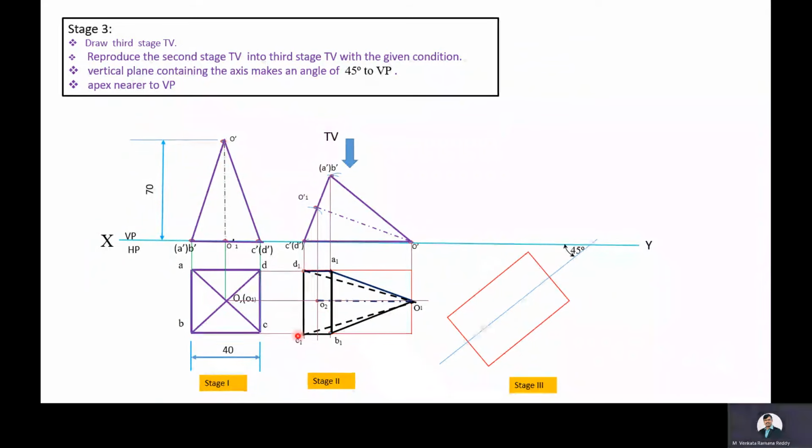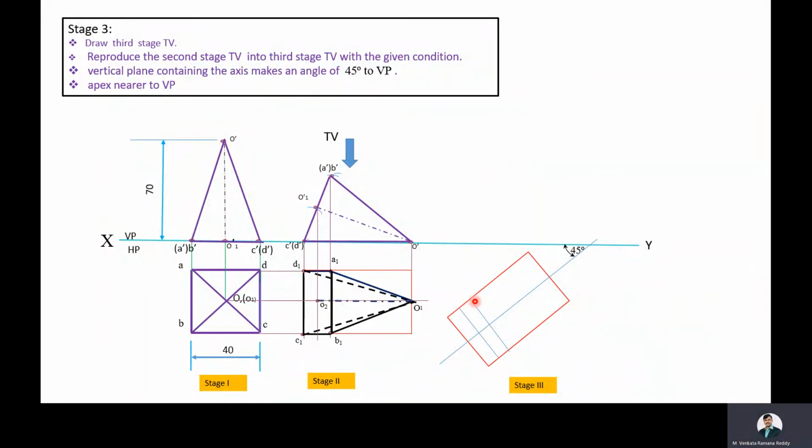Then to this shorter side of the rectangle, the A1 B1 side is parallel, with this perpendicular distance. So with this perpendicular distance, draw a line parallel to the shorter side of the rectangle, and this point is going to be O2.